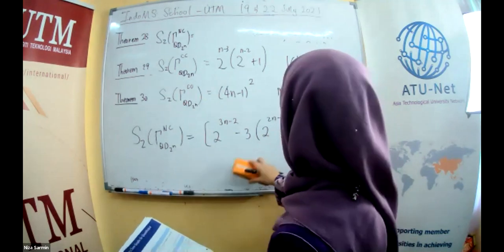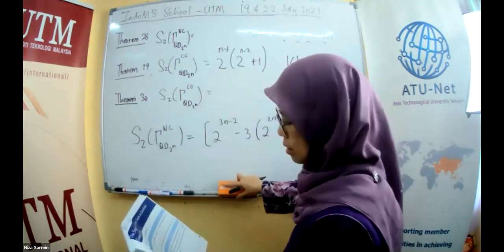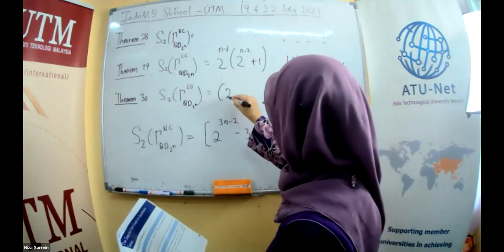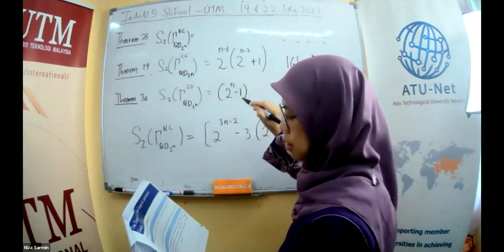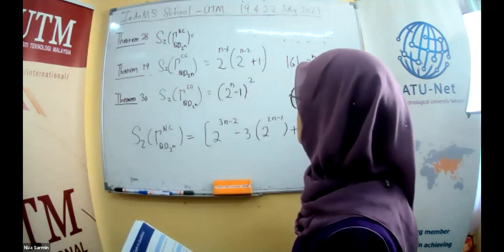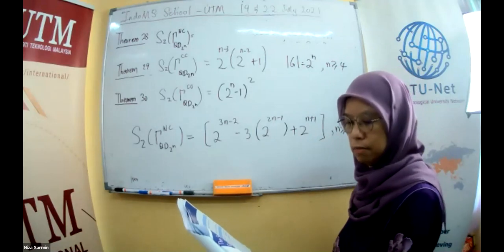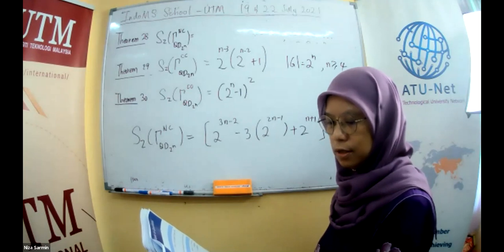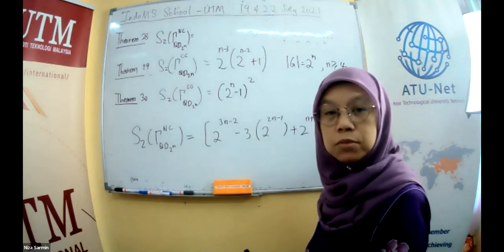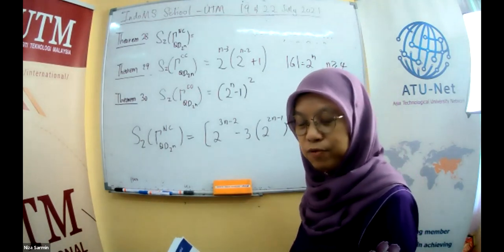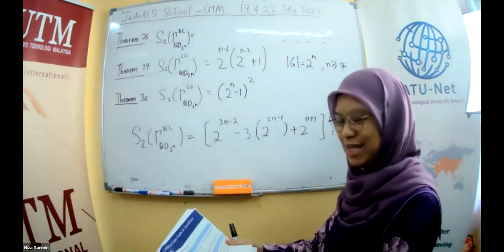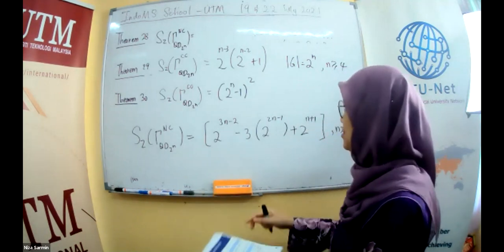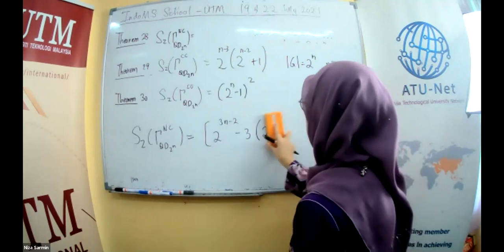And for this one is equal to (2^(n−1)) squared. Okay. I have time to actually write out the proof for this last one. Okay, so let's do that.